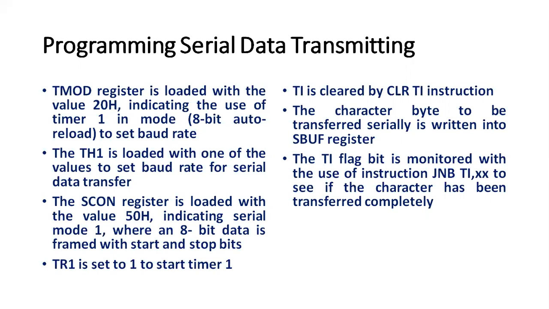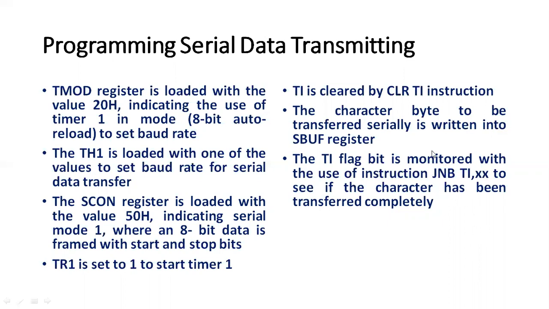Once the data is transmitted, how do we check whether the data is transmitted or not? By using the instruction JNB TI. What is this TI? Transmission interrupt. If the data is not transmitted, then it will stay in the instruction itself. If the data is transmitted, then it will come out of the loop.